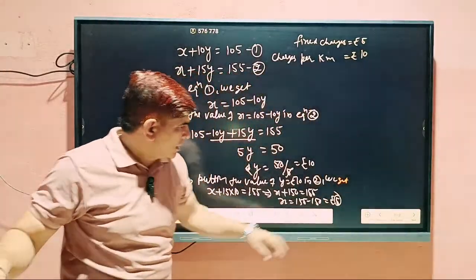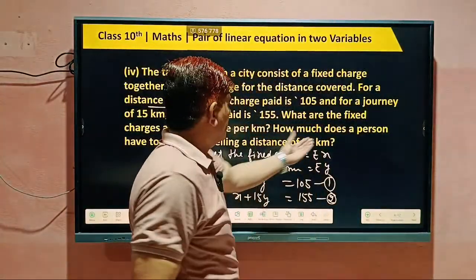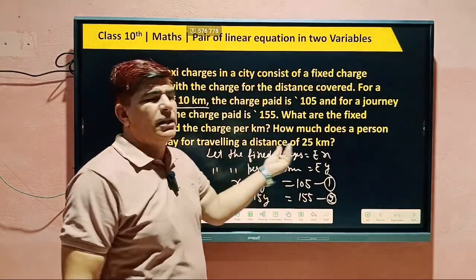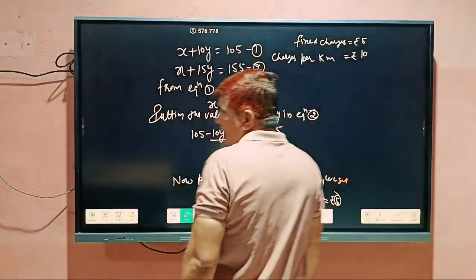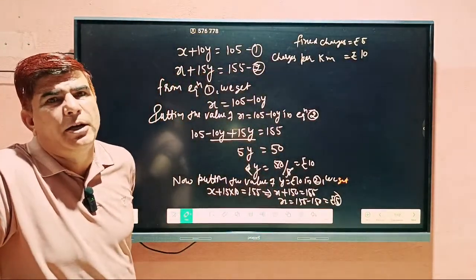And at last what is it saying? How much does a person have to pay for traveling a distance of 25 kilometers? So if a person travels a distance of 25 kilometers, how much is paid by him?